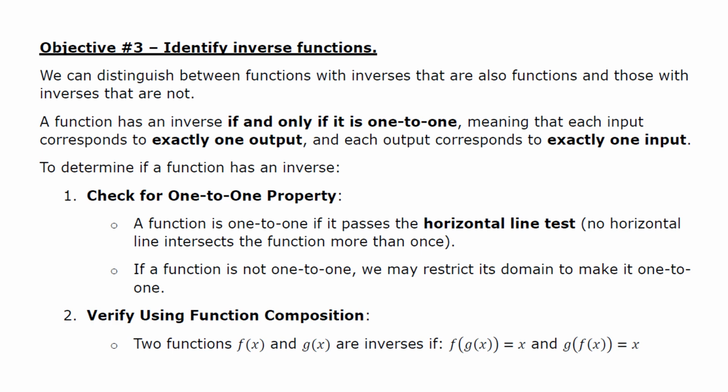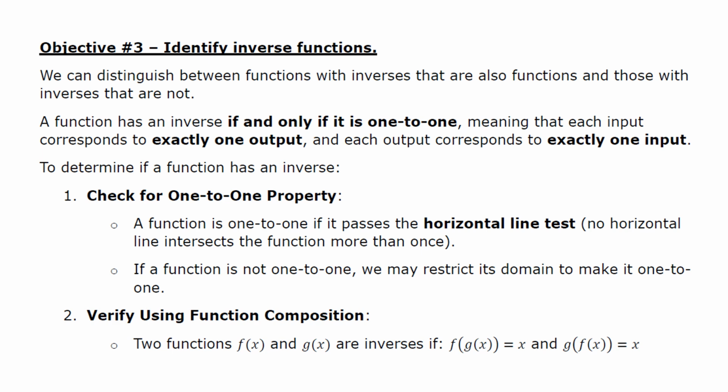If a function is not one-to-one, then we may find restrictions in the domain in order to make it one-to-one, meaning it's one-to-one between 2 and 10. The second is to verify using function composition.